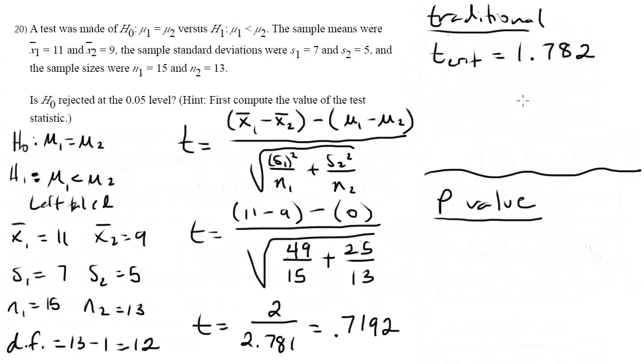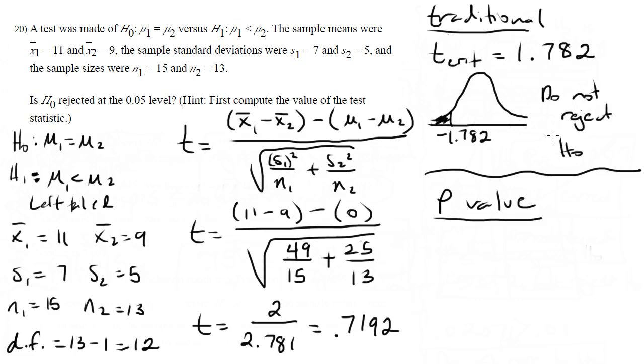1.782. But since we're left-tailed, this should be negative 1.782. And my t-value is definitely not in this region. My t-value is positive. My t-value is definitely not in this region, so do not reject H sub 0.